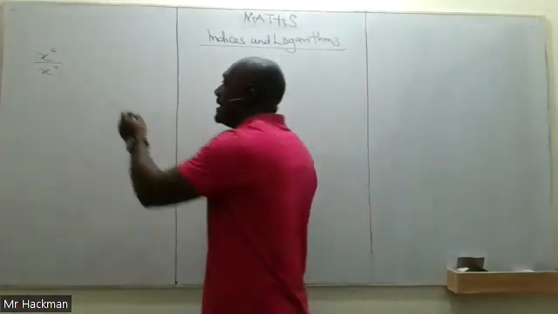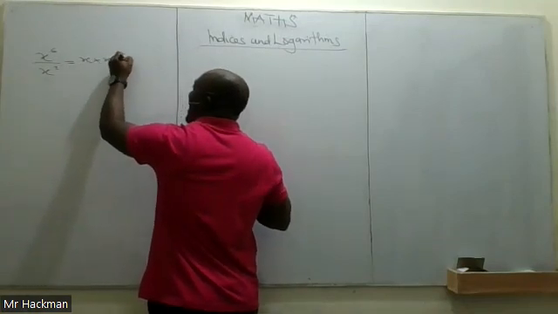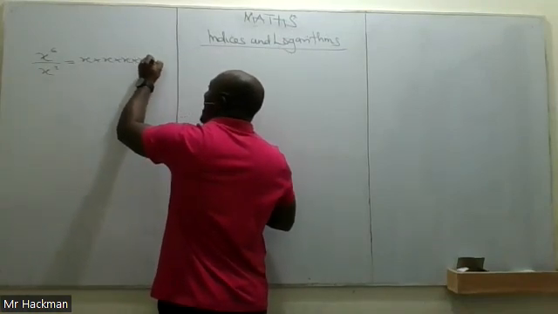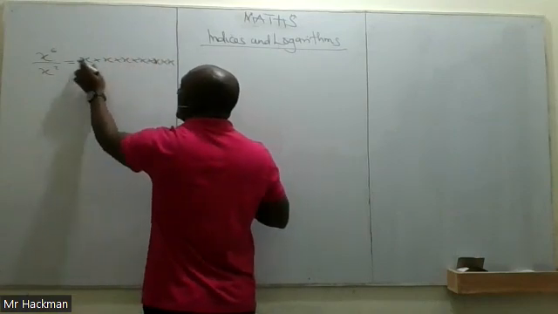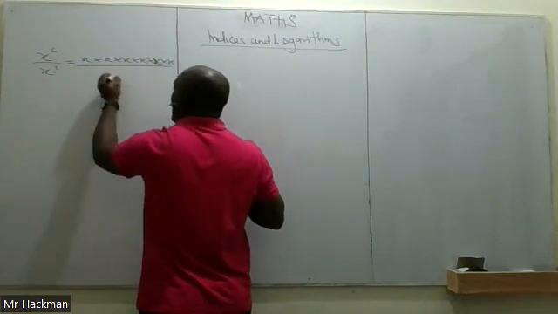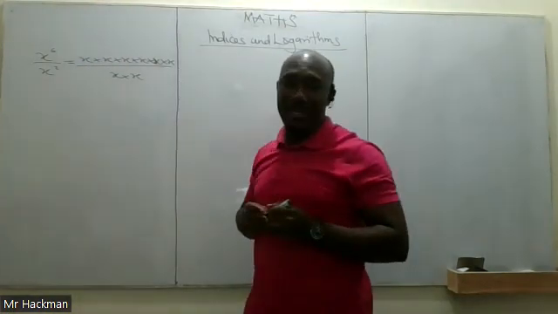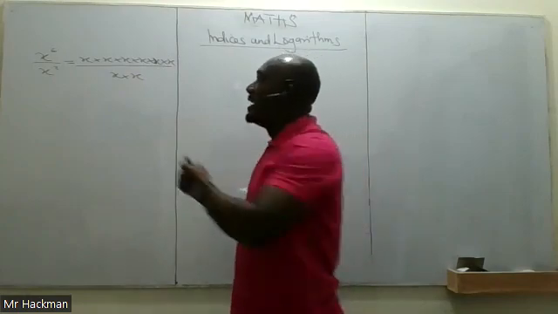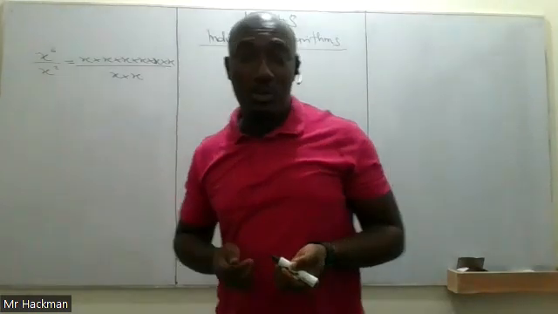So I need to write this as x times x times x times x times x, then times x. Let me count 1, 2, 3, 4, 5, 6. All over my denominator will also give me x times x. That is x multiplying itself twice. So if I want to reduce, then I start canceling. Was that not what you were also told?